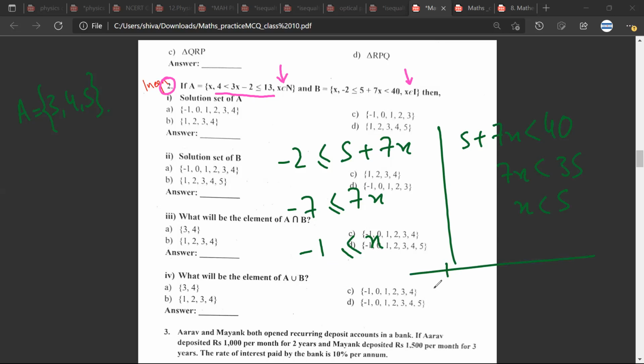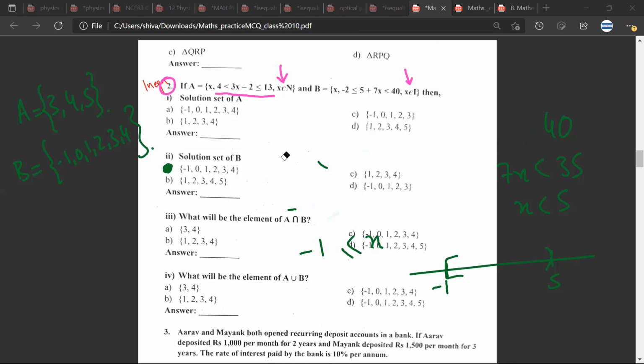Therefore, x lies between minus 1 and 5. And therefore, B would be minus 1, 0, 1, 2, 3, 4. Mr. CB, any doubt? No doubt. So for the second part, our answer should be A. Any doubt earlier? No doubt.